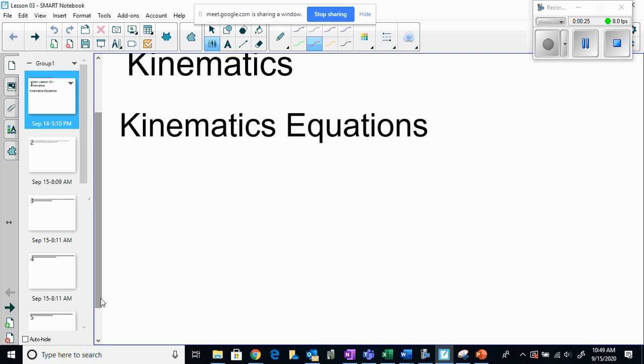Meaning that it's asking what is the initial velocity, what is final velocity, what is time, what is acceleration, what is displacement of the object moving. We do not care too much what is the mass of the object, what is the nature of the object, what is the relationship of the object with the surface that the object is moving at. So we just worry about those quantities.